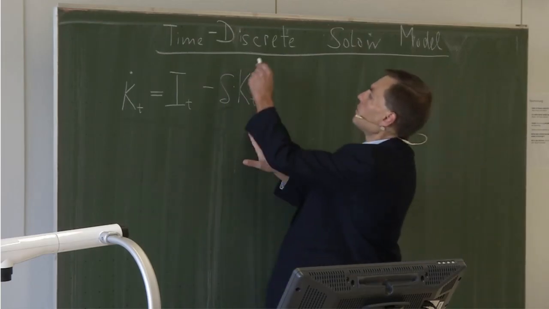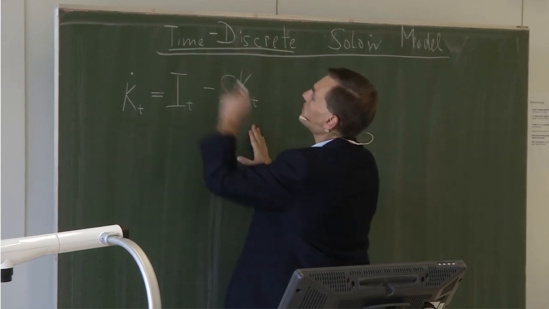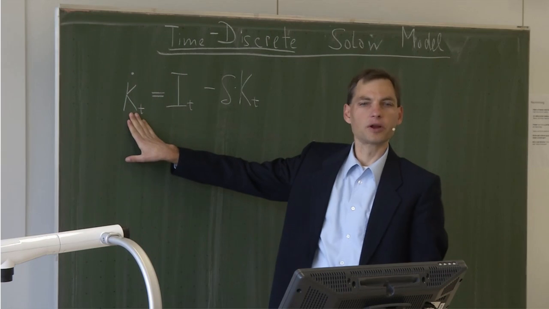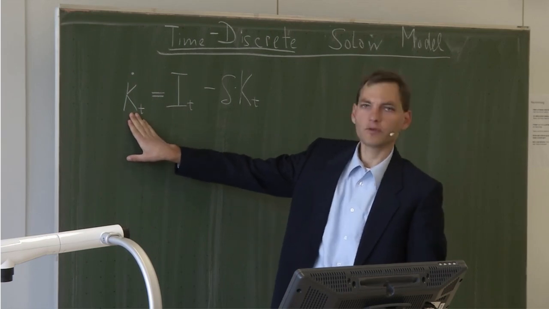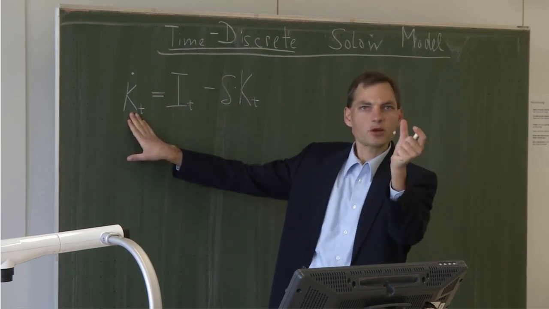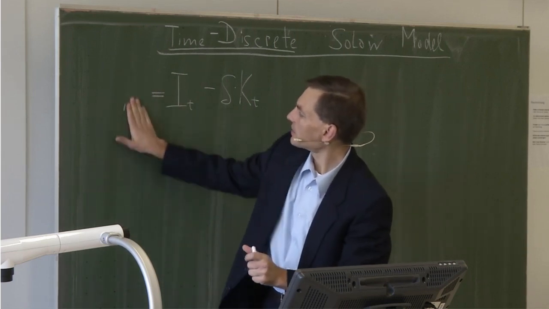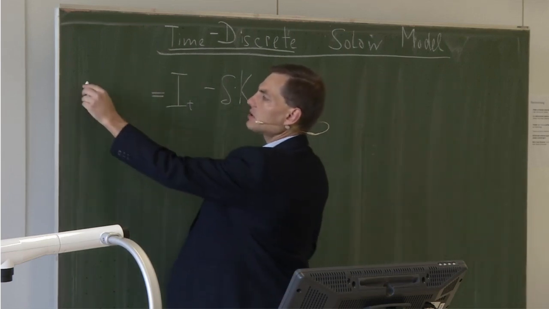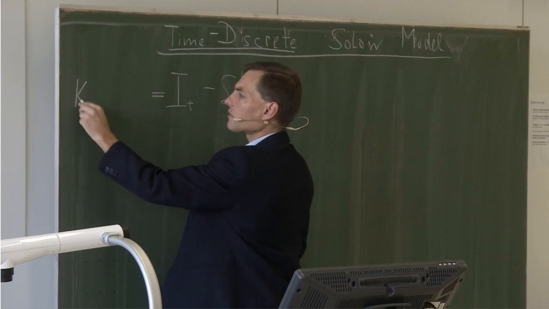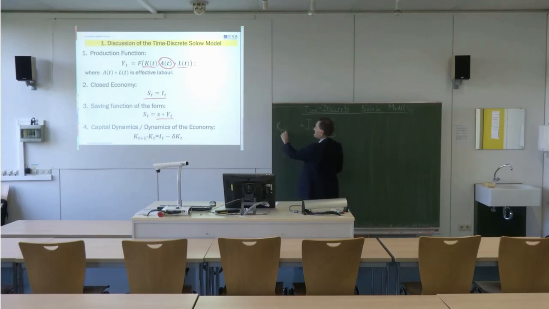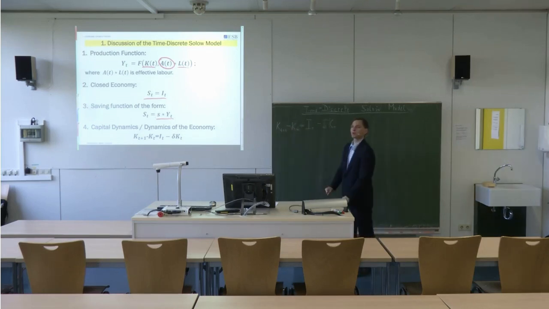But now we discuss the so-called time discrete Solow model. And in the discrete sense, there is no derivative. So the derivative is now the change of the capital stock over time. So I erase the derivative and now substitute in here the change of the capital stock over time: the capital stock in t plus 1 minus the capital stock in period t.